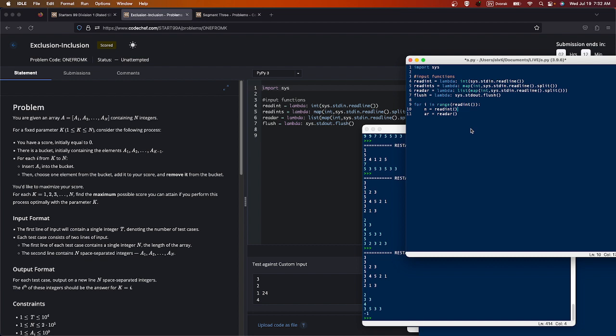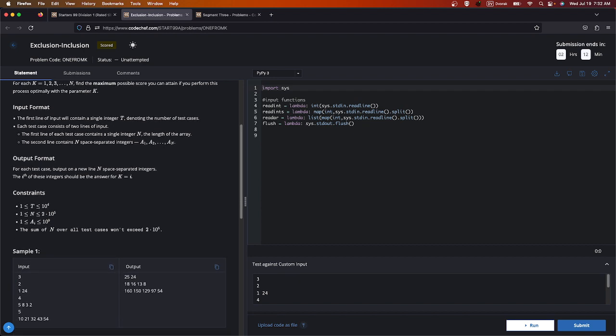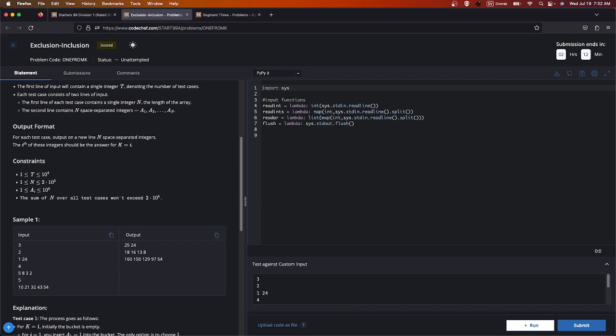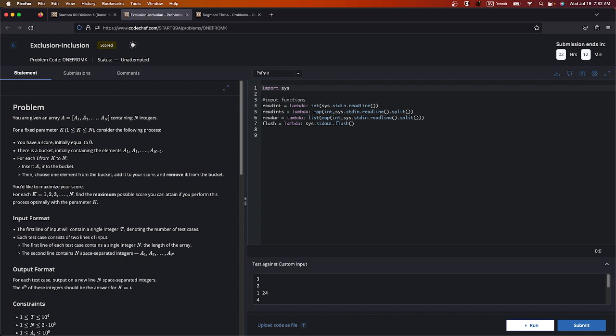So it contains the first elements all the way up to k. Then you place that element and take it. Okay. And for every k we need to find the maximum possible score for the array.